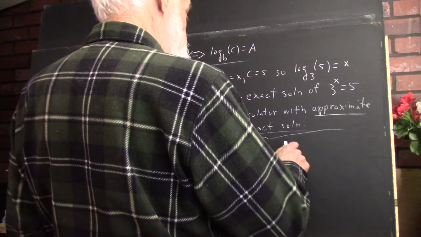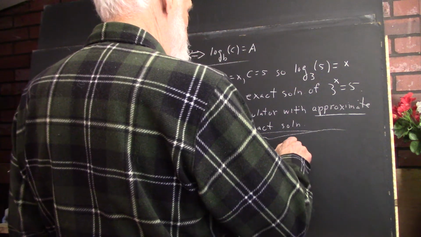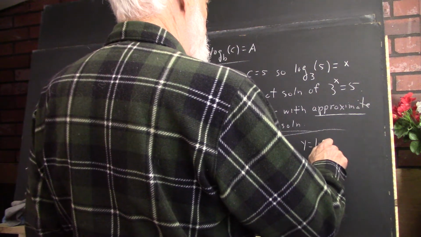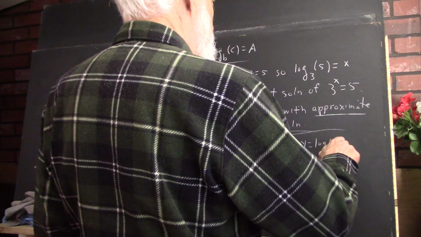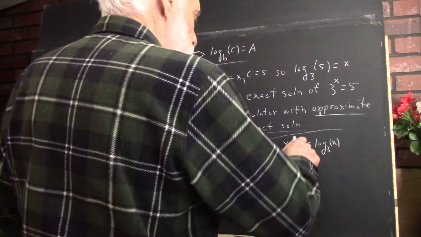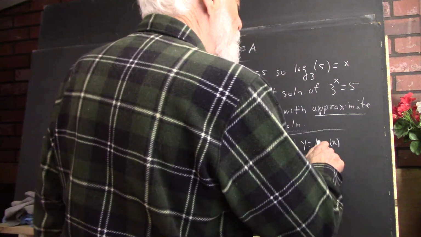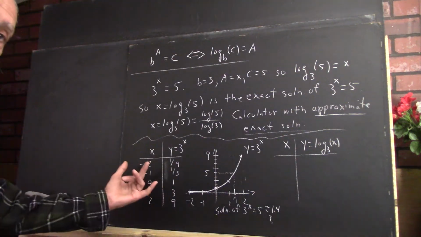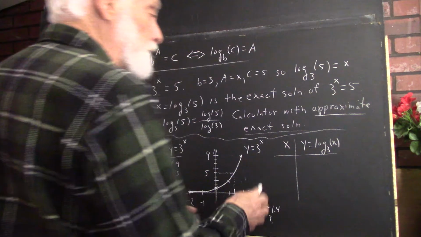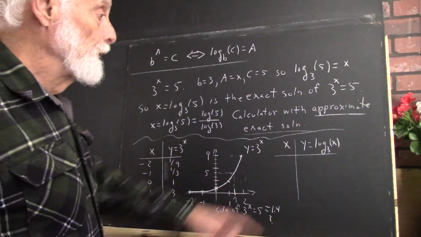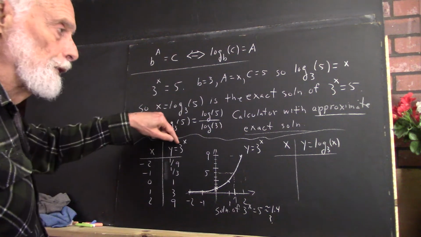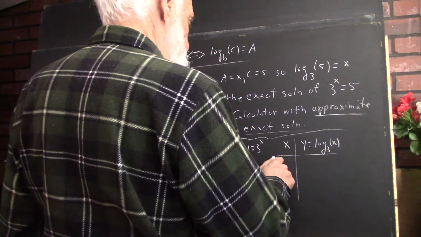We could also make a table for the log 3 graph by simply reversing these columns, because that's how you do an inverse function, and the log base 3 function is inverse to the 3 to the x function.